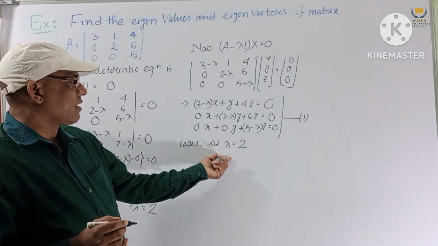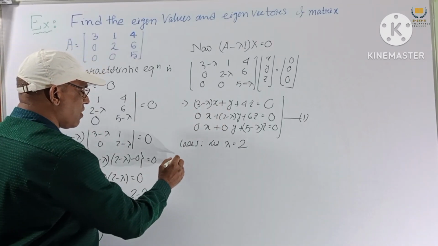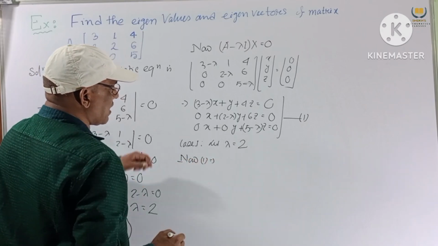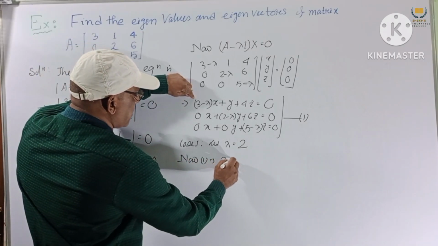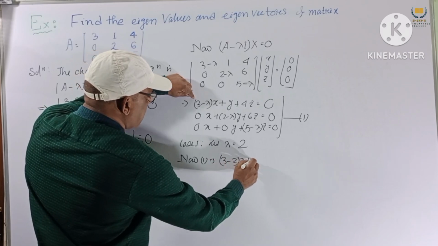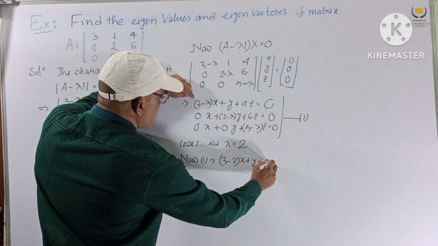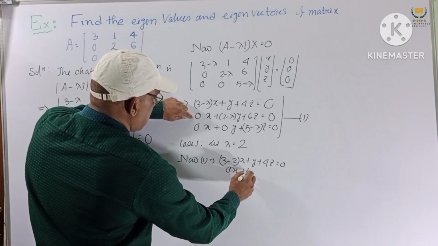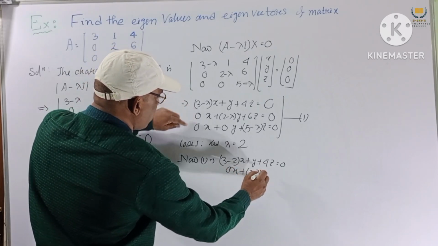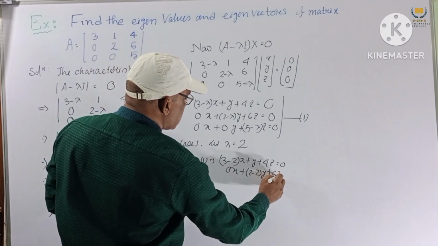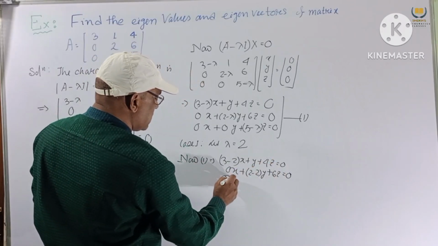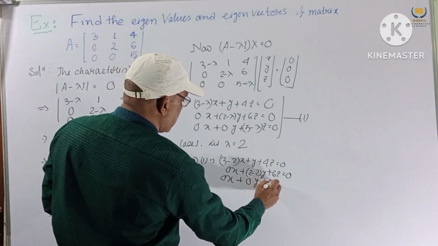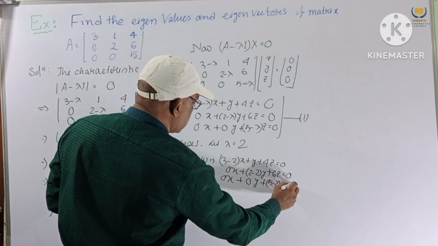Putting lambda equal to 2 in equation number 1, we get (3 minus 2)x plus y plus 4z equal to 0, 0x plus (2 minus 2)y plus 6z equal to 0, and 0x plus 0y plus (5 minus 2)z equal to 0.